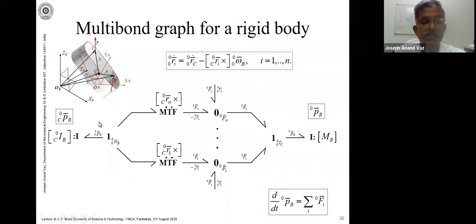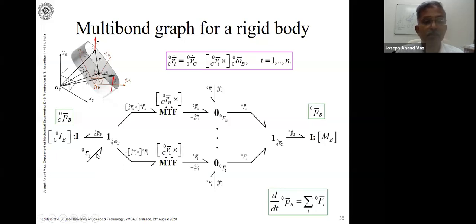The rate at which this angular momentum changes is caused by the resultant of these moments. Moments due to these forces which were acting at these points, they create moments about the center of mass. And the resultant of all these moments results in the change in the angular momentum of this body about its center of mass.